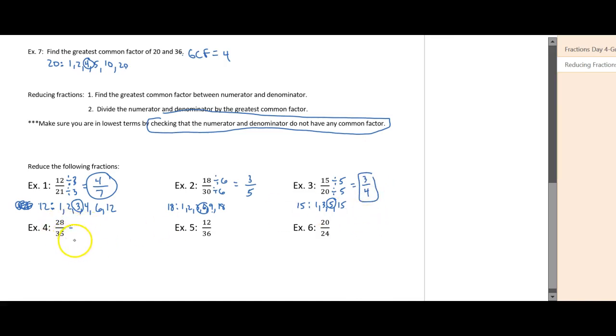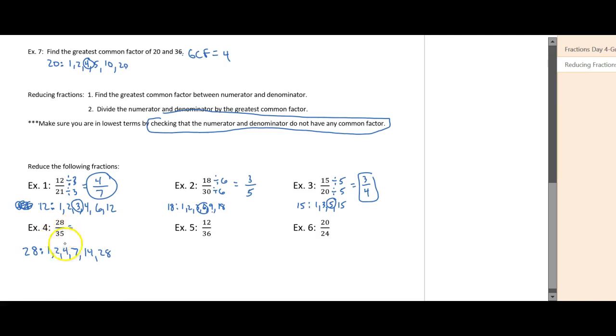Now, for examples 4, 5, and 6, I want you to pause the video, attempt them, and then see where your mistakes may have been. Hopefully there are no mistakes. So for 28, the common factors are 1, 2, 4, 7, 14, and 28.